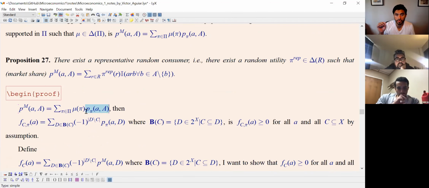Even if you're random utility at the individual level, you can also have random utility at the aggregate level, okay? So we can move from individual stochastic choice, where we usually don't have data, to aggregate stochastic choice, which is market shares, where we usually have better data, okay? Got it? So that's why random utility is way better than the standard model.